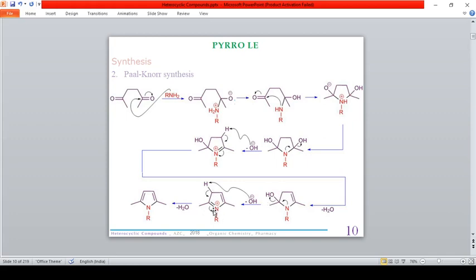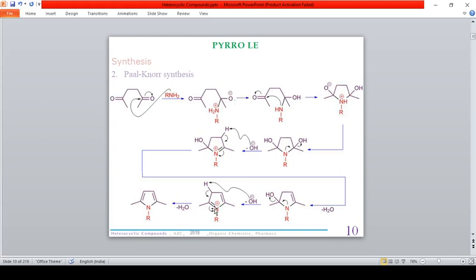Again to stabilize this positive charge, this proton will be lost. This electron will form a double bond here and these sigma electrons will shift to the nitrogen and again give it a lone pair. Now we are back to square one. Nitrogen again has a lone pair.